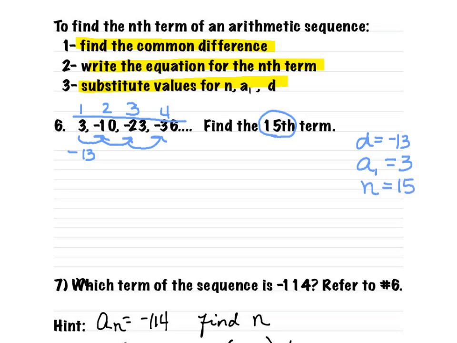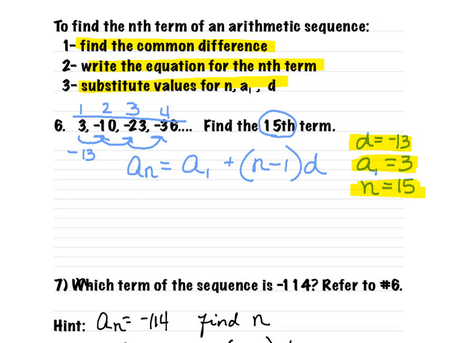All right, let's plug these numbers into the equation that I just gave you. To find the nth term, we will take the first term, add n minus 1, and multiply that times the common difference. So now, let's go ahead and substitute negative 13 for d, 3 for the first term, and 15 for n.